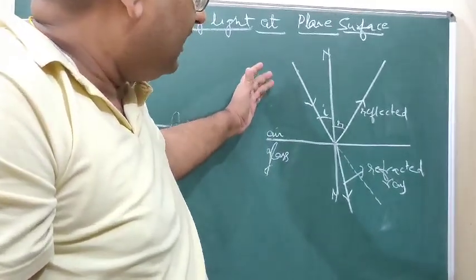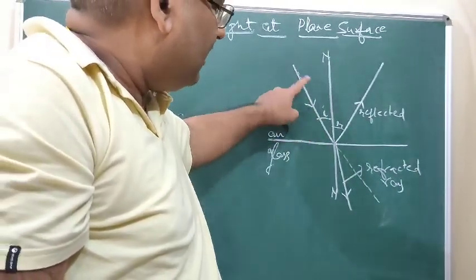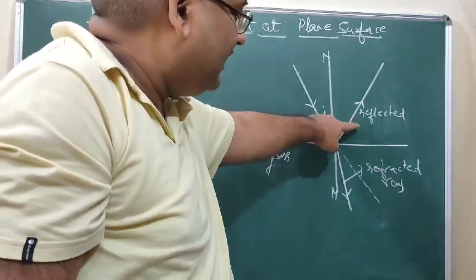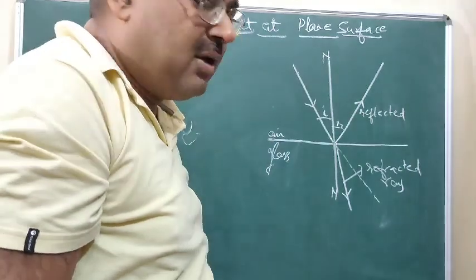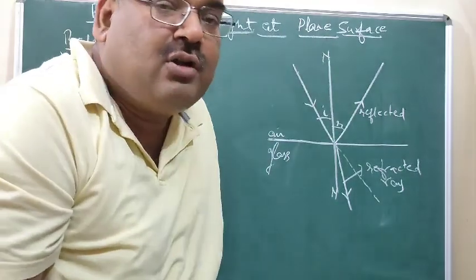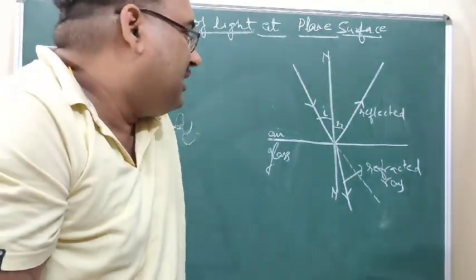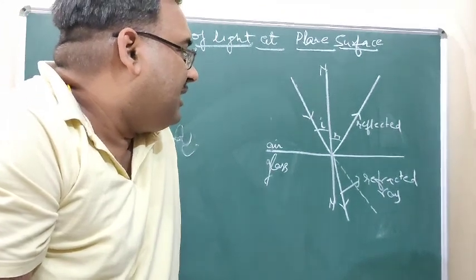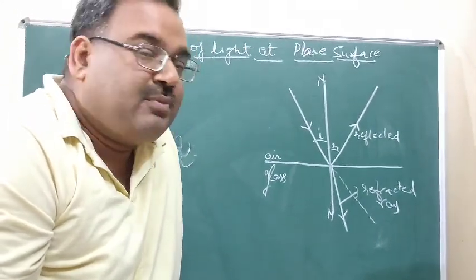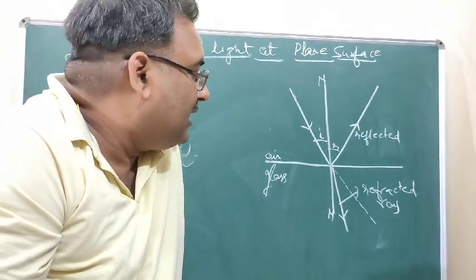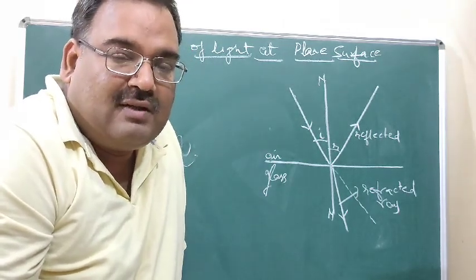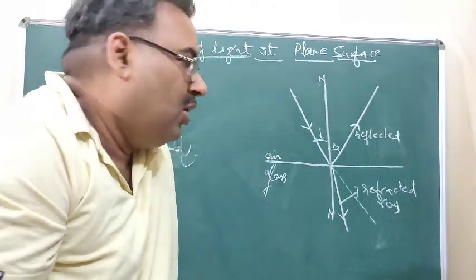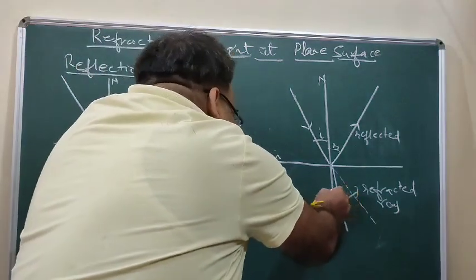Here you can see we have an incident ray, a reflected ray and a refracted ray. Now this is the normal. What is normal? Normal is perpendicular to the surface. So you can see that when a ray of light is traveling from air to glass, from rarer to denser medium, it is bending towards the normal. The deviation is towards the normal. Or angle R dash.